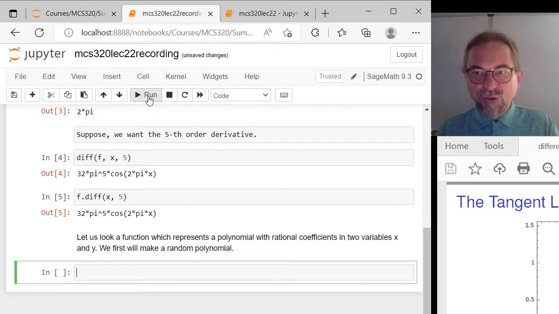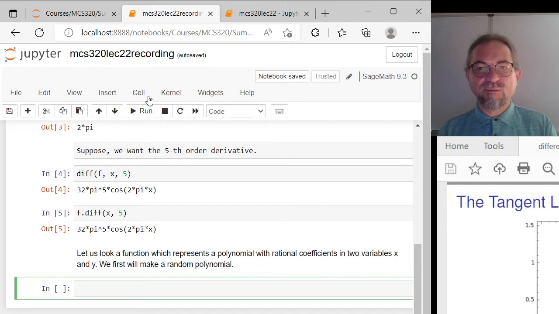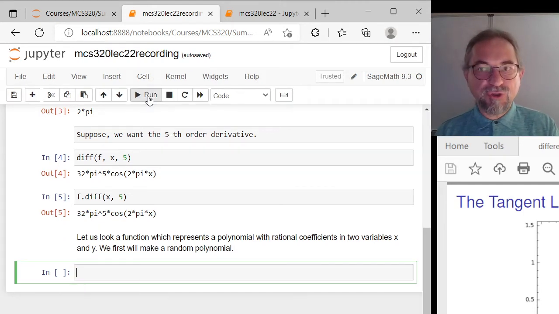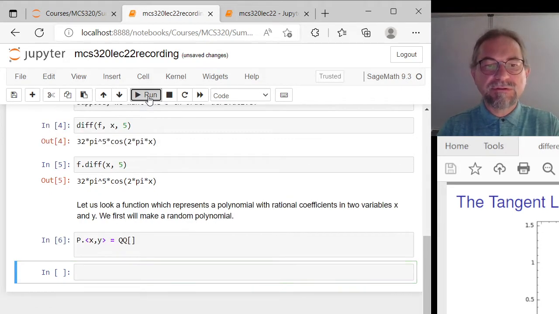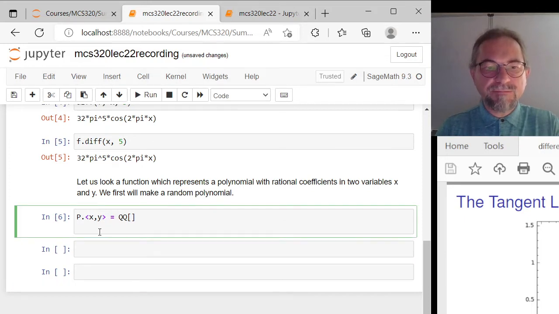So this is already the third part, but we shouldn't forget what we learned in the first part of the course. So I will define a polynomial ring capital P, so with coefficients over the rationals. Doing this makes that I can generate a random element, say degree equals 5 and with 8 terms.